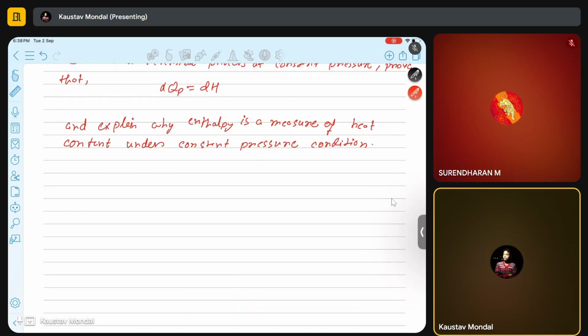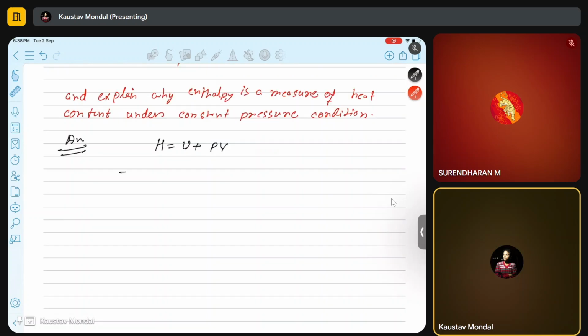So the first thing here, we will write the thermodynamic expression of the enthalpy, right? We already know H equal to U plus PV. Now if you take the small change, dH equal to dU plus PdV plus VdP.